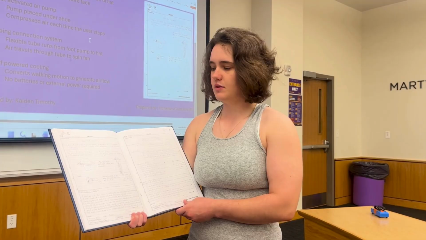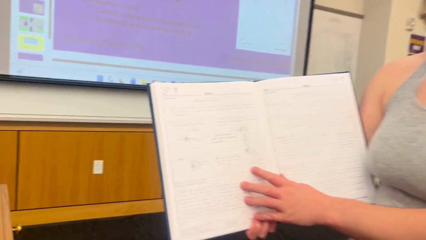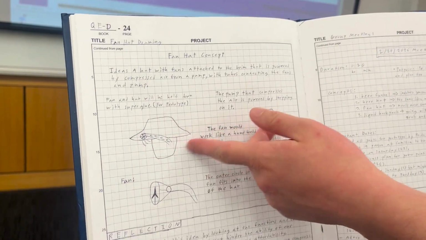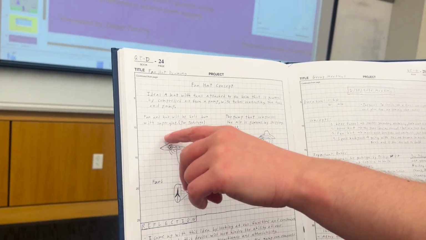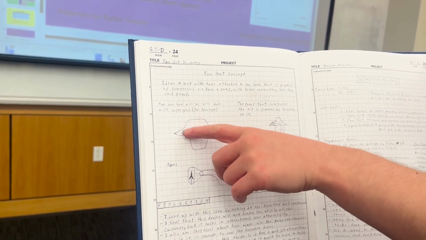In this part, I'm explaining our first concept. What we thought of was a fan hat. The way this would work is you would have a hat shaped like a sun hat, with holes in it. Within those holes, you would have a fan that would spin.